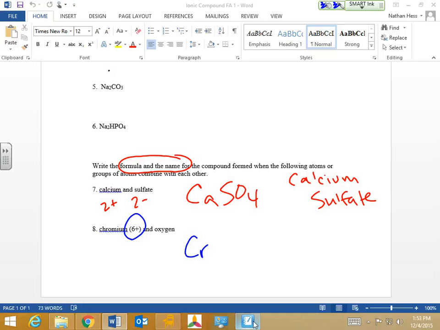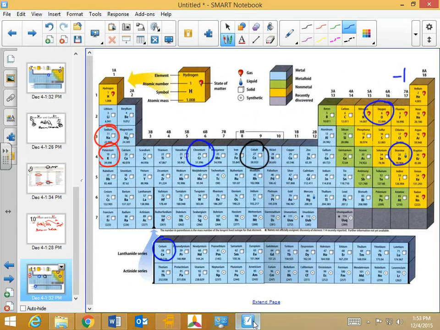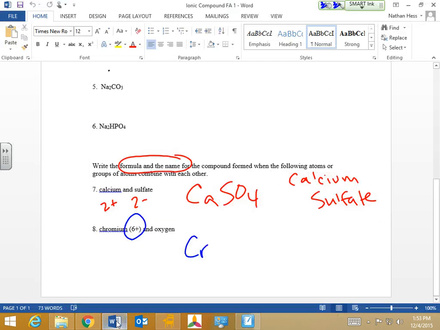Oxygen, we know that to be over here in group 16. That's a 2-. So therefore, I have a 2- there. So I have 6 pluses and only 2 minuses. So therefore, I need 2 more of these 2 minuses. I need 3 total oxygens to balance out that 1 chromium. So CrO3 is my formula.